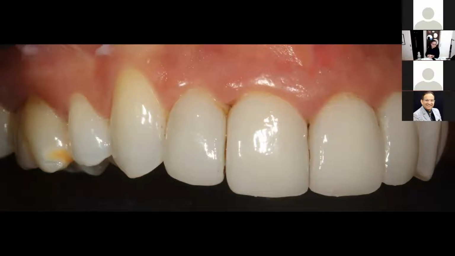If there is a high smile line, then we are in a bit of trouble there. Something that's critical is going to destroy it no matter what you do, and the patient has to be informed.